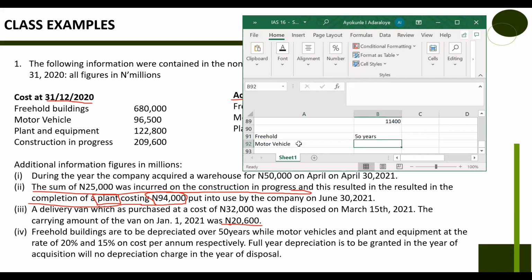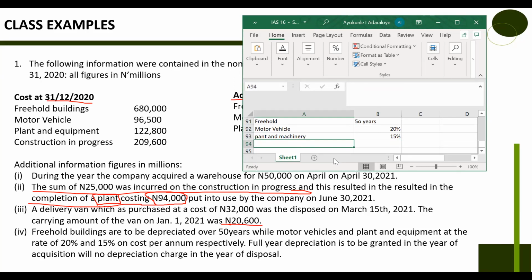Need to write this down. Freehold is 50 years. Motor vehicle is 20%. And plant and machinery is to be depreciated at 15%.